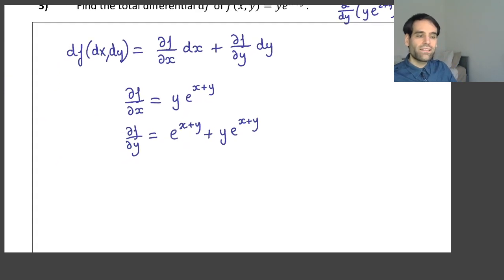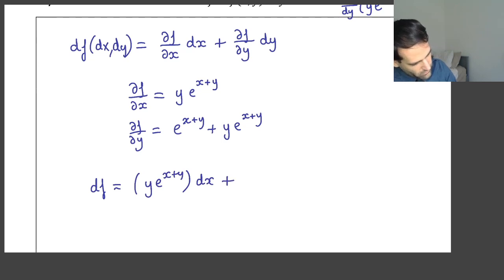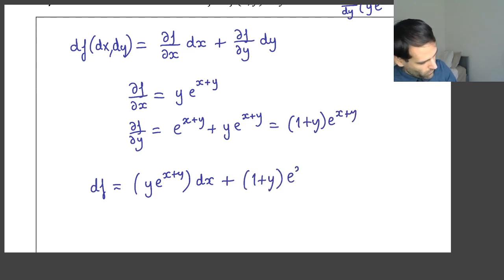So now we can build the total differential, and it's as follows. df is equal to this here, y exponential of x plus y times dx, plus this, which I'm going to group as 1 plus y exponential of x plus y times dy.